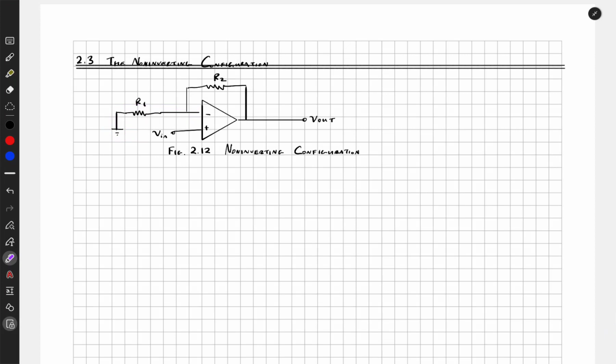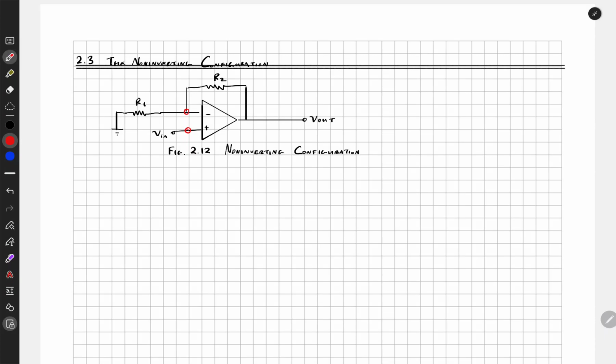So you may be wondering, what is the reason for not studying the non-inverting configuration first? Why did we first study the inverting configuration? The answer is that the non-inverting configuration is a little bit more complicated circuit to solve. Previously, we assumed in the ideal op-amp that the two voltages on the input terminals are equal.